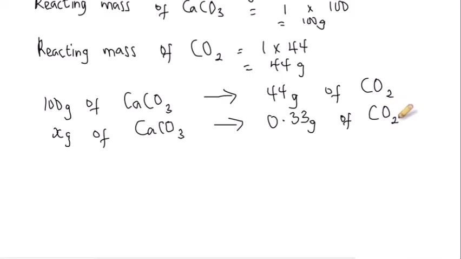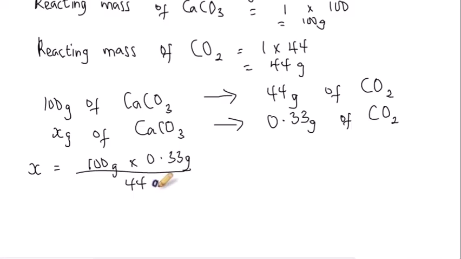To get x, we cross multiply. So x equals 100 grams multiplied by 0.33 grams divided by 44 grams. This equals 33 divided by 44 grams, which is equivalent to 0.75 grams. So we have 0.75 grams of calcium carbonate.